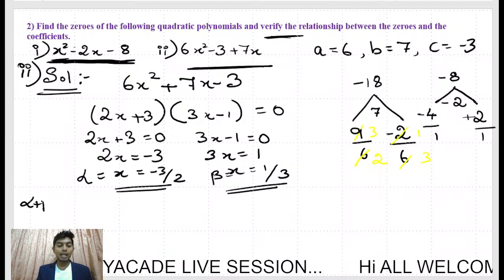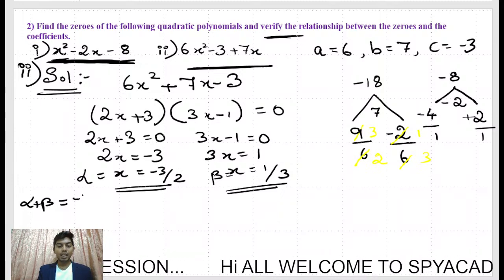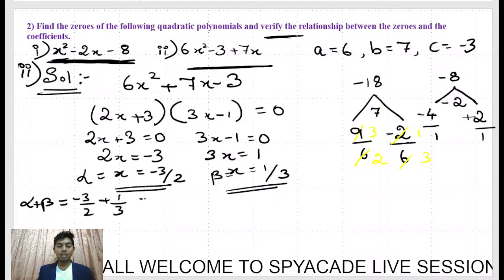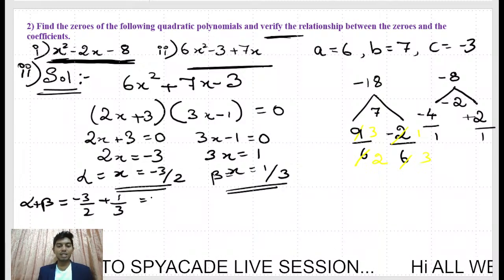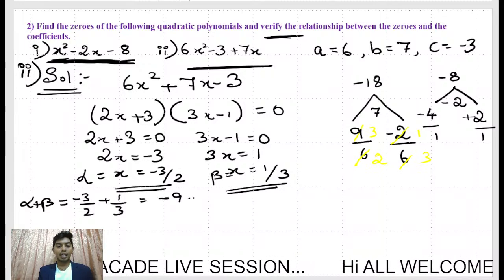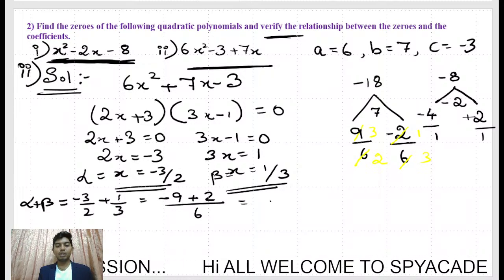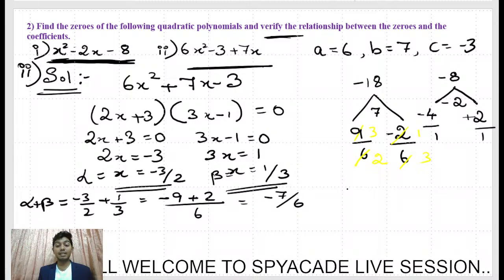Alpha plus beta is equal to minus 3 by 2 plus 1 by 3. Now you have to take LCM. So minus 9 plus 2 divided by 6. What will you get? Minus 7 by 6. This is alpha plus beta.